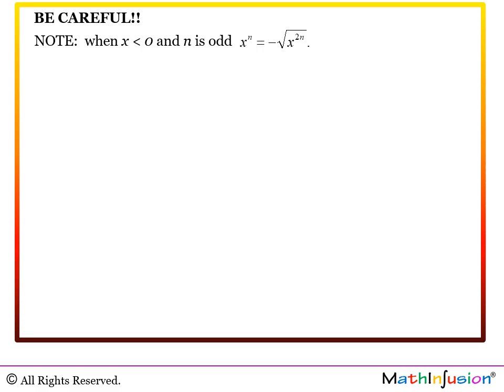Be careful. When x is less than 0 and n is odd, what is the square root of x to the 2n? X is negative, so the square root of x to the 2n is the absolute value of x, but the negative of the square root of x to the 2n is really x to the n.